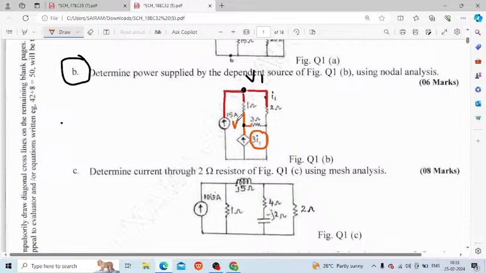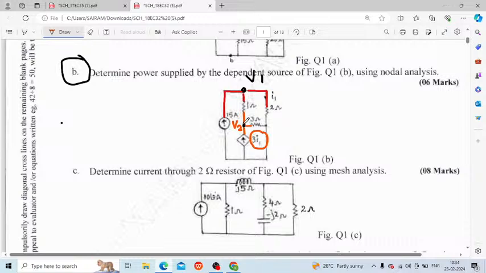And the positive of the 15 ampere, this 1 ohm and this 2 ohm are connected to a point, which I call my node v1.